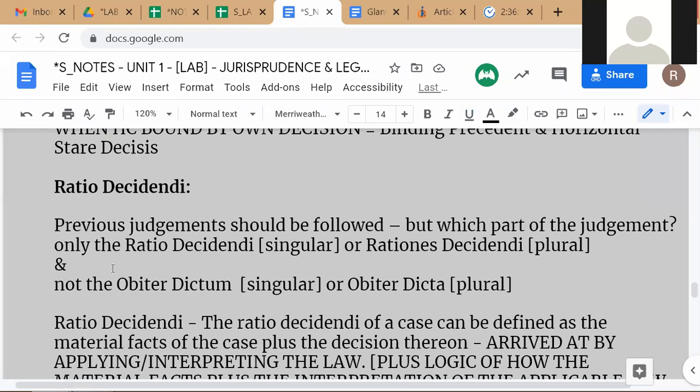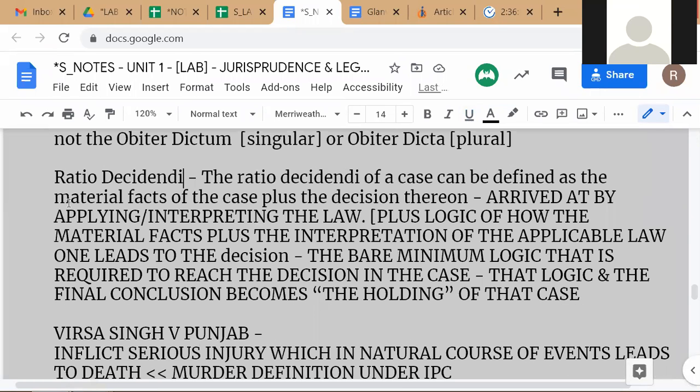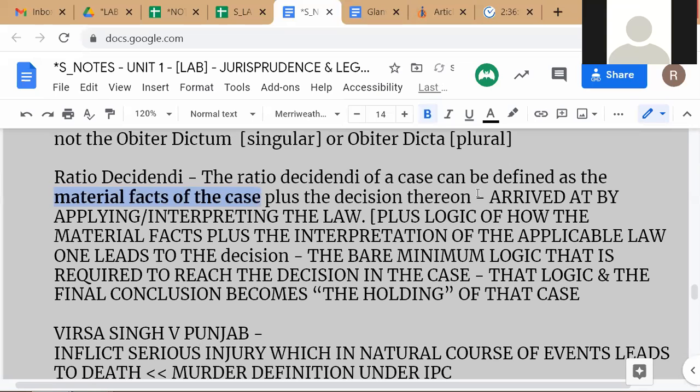So let's talk about this. Here are basically the material facts of the case. This is Glanville Williams's definition: the material facts of the case, the decision, and how the decision is arrived at by applying or interpreting the law.